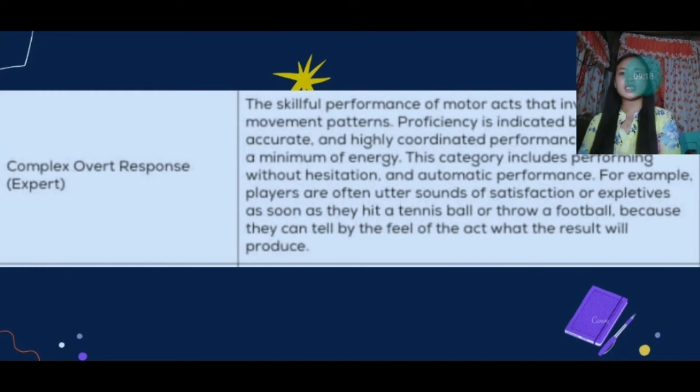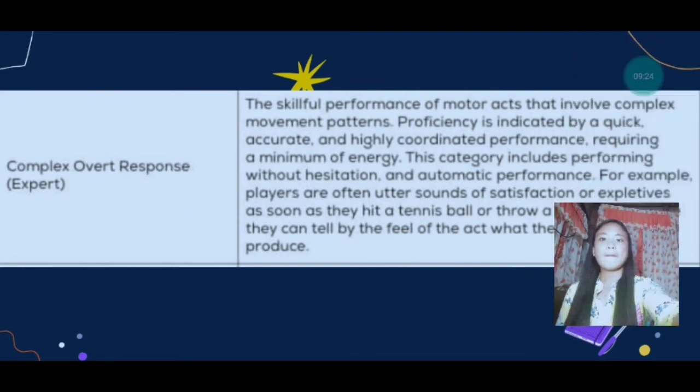The next is complex overt response or expert. The skillful performance of motor acts that involve complex movement patterns. Proficiency is indicated by a quick, accurate, and highly coordinated performance, requiring a minimum of energy.